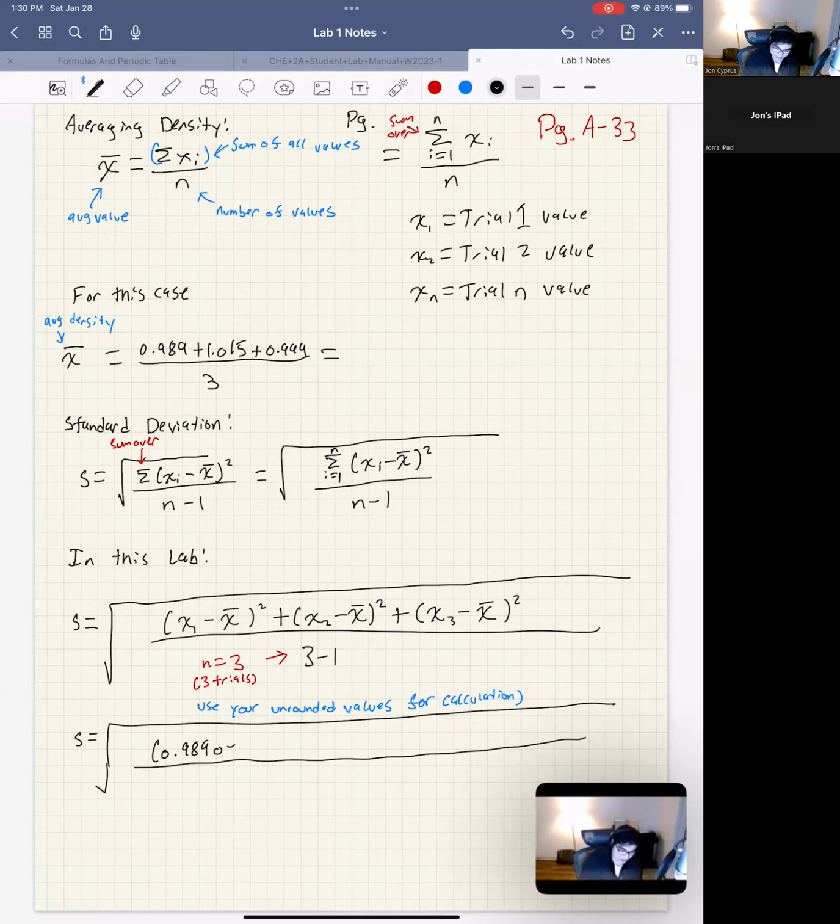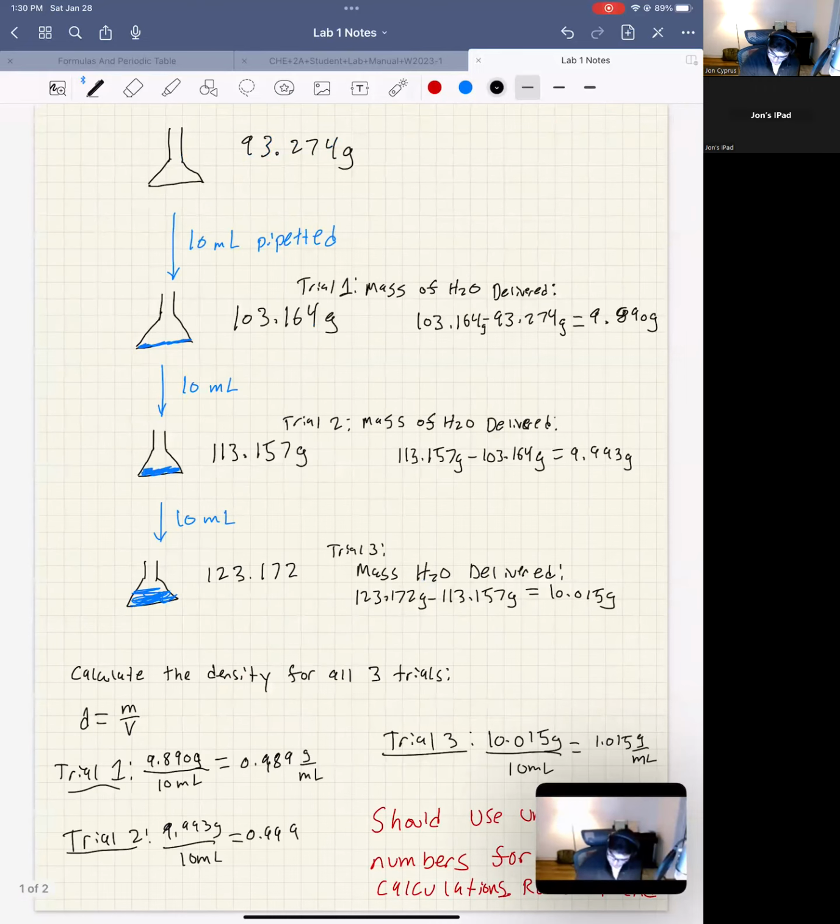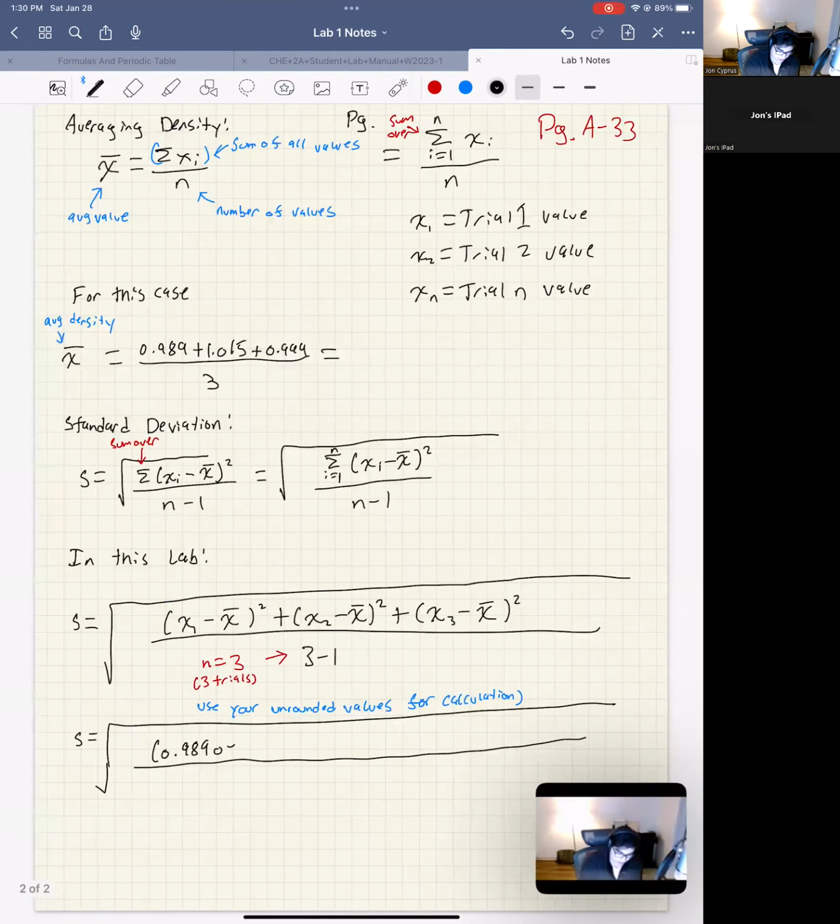I totally forgot to plug this in. 999. So this ends up becoming 1.001 grams per milliliter. And this is my average density, which I'm going to have to use for this calculation.